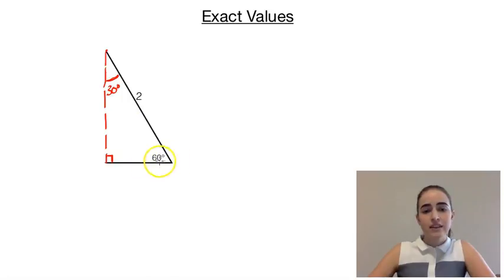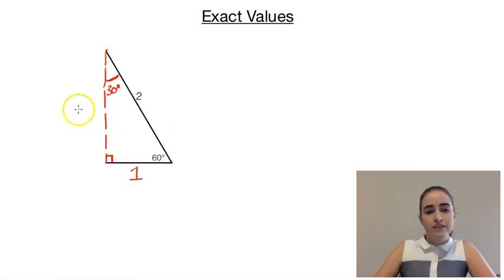Now this side across the bottom here, because we chopped our triangle exactly in half and the whole bottom edge was 2 units long, is going to be 1 unit long. We need to also find the length of this vertical side here. Using Pythagoras' theorem, if we call that x, we have x squared plus 1 squared is equal to 2 squared, because that 2 is the hypotenuse.